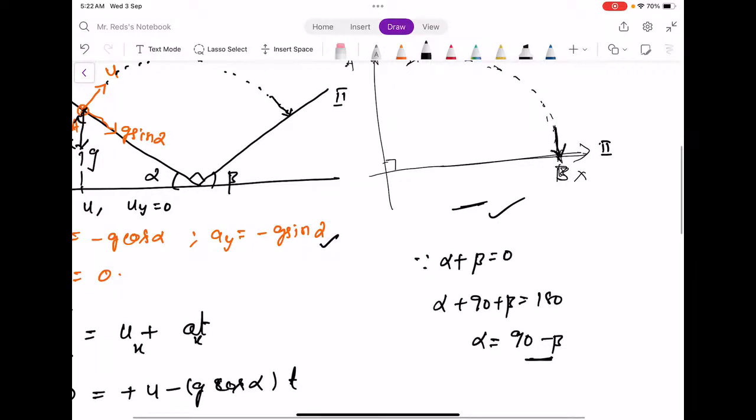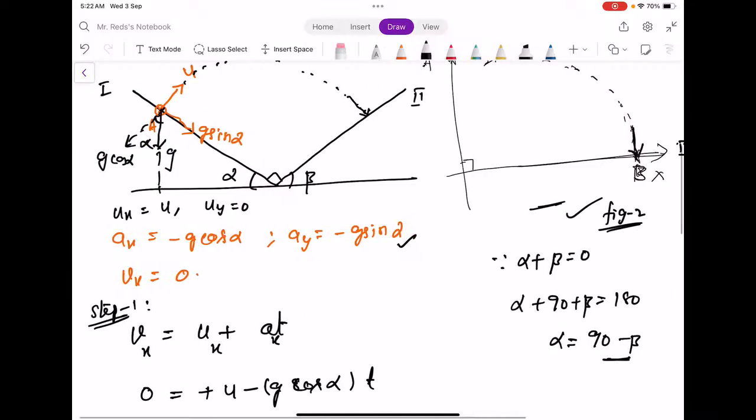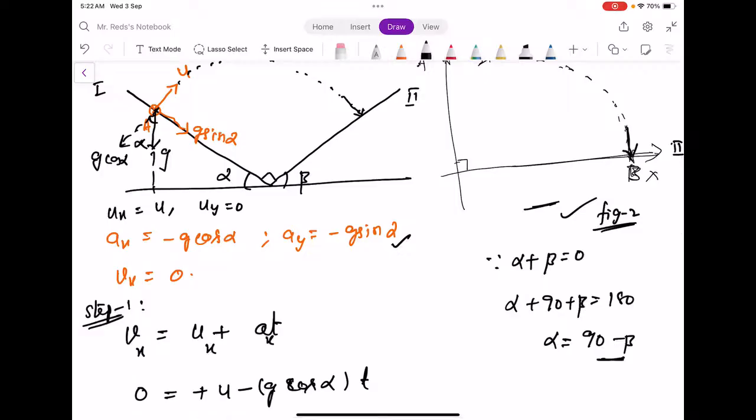As it strikes plane 2 perpendicularly, at point B the x component of the final velocity should be equal to 0.